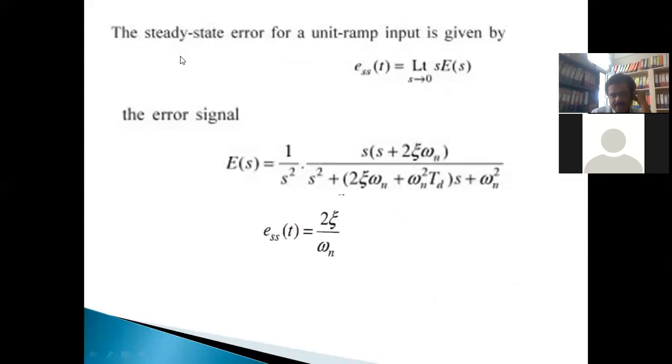Now if we find the steady state error, it is going to be 2 zeta by omega n. In the previous case, if we observe while calculating the steady state error in the beginning, the steady state error value is the same. So with and without derivative control, the error value is not changed.